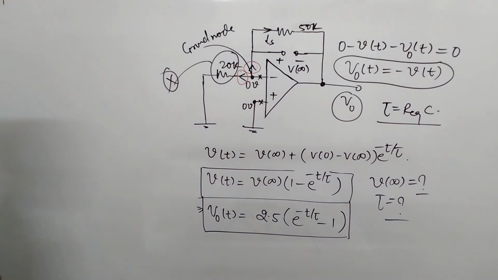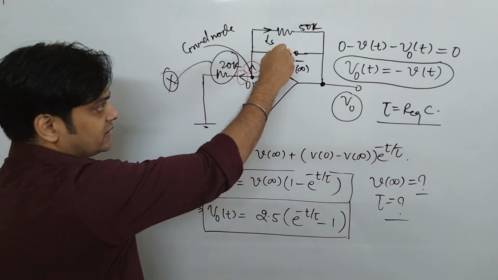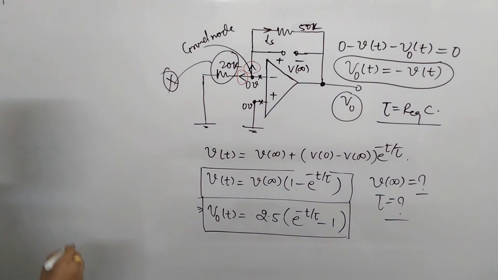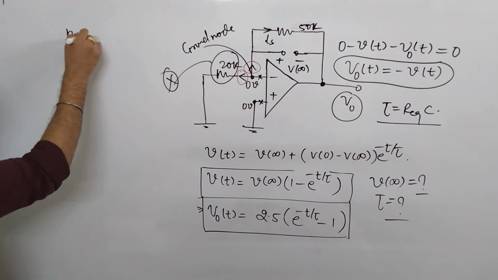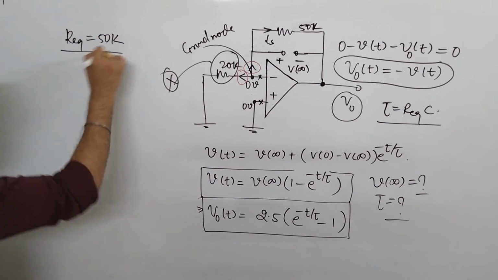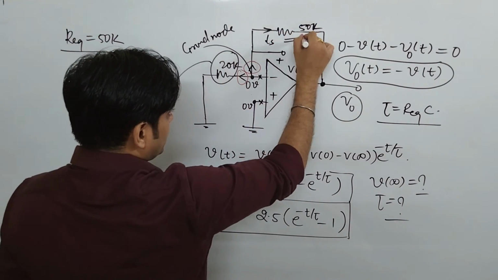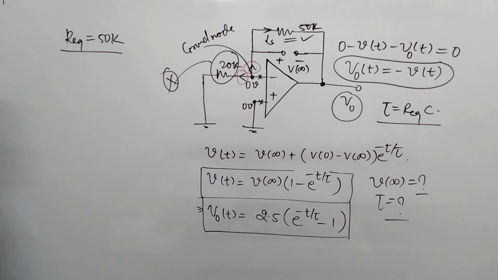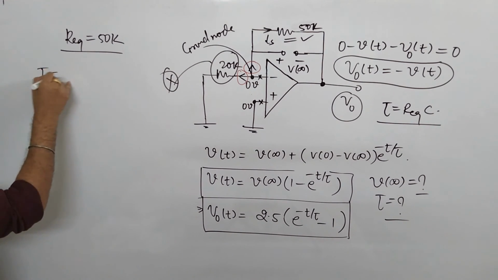This resistance will not take part in charging and discharging of this particular capacitor. So can you write directly the value of R equivalent as 50K? Because this resistance will play the very important role in charging and discharging of this capacitor. So the value of R equivalent directly comes to be 50K.